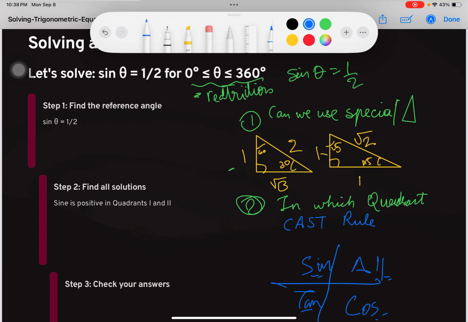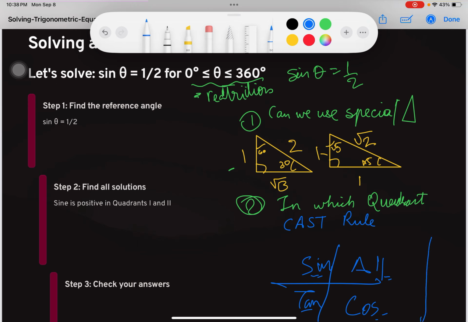Now we take this CAST rule information and put it on our unit circle of degrees. The question may ask you in radians as well, so you have to go accordingly. If it's in degrees, you get your answer in degrees. If it's in radians, you get your answer in radians.